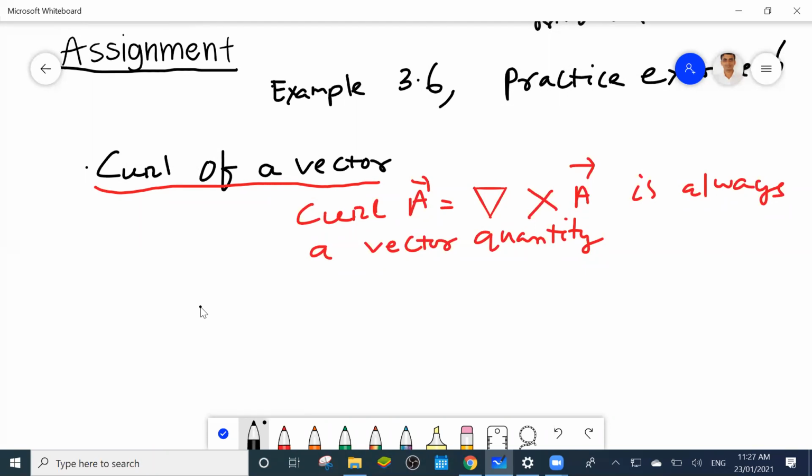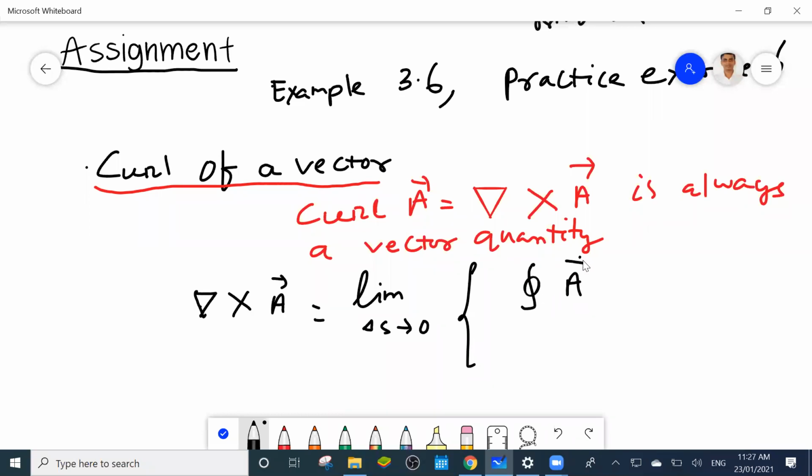So you can write del cross A equal to limit del S tends to 0, line integral over C of A dot dl, vector, by del S.